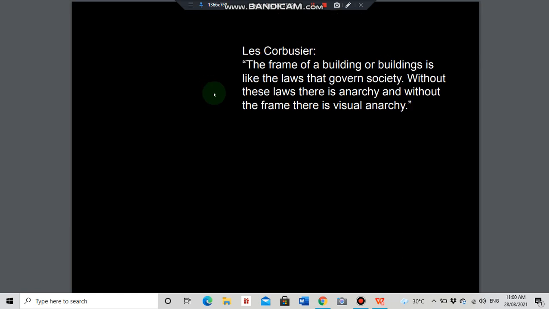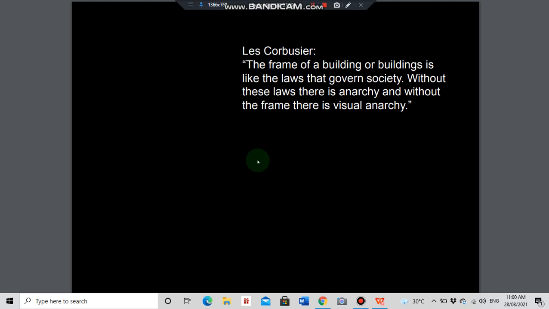Kaya tinawag siya ng deconstruction. Le Corbusier, saying ni Le Corbusier, a famous architect, the frame of a building is like the laws that govern society. Without these laws, there is anarchy. And without the frame, there is visual anarchy. So, yung frame ng building, that will be the form.